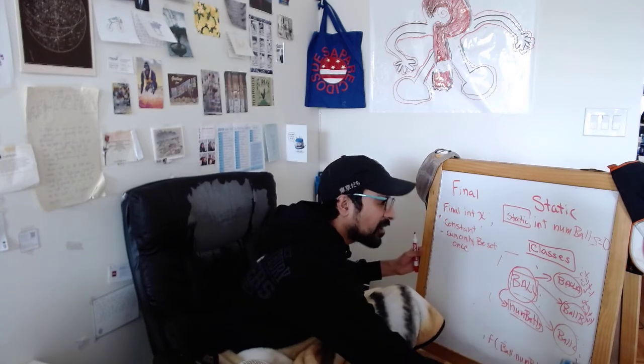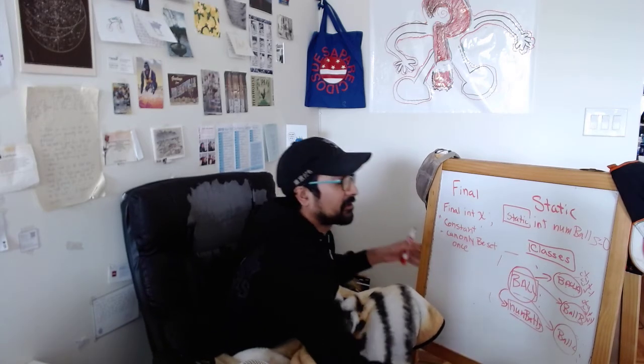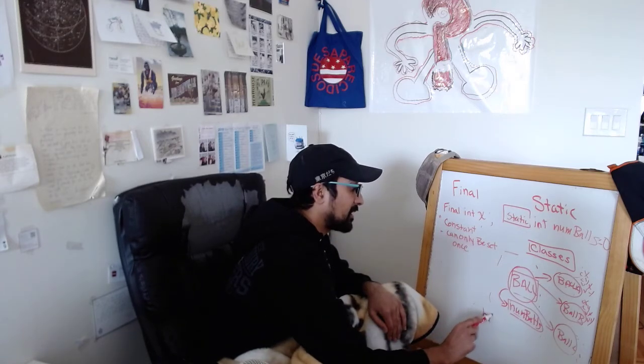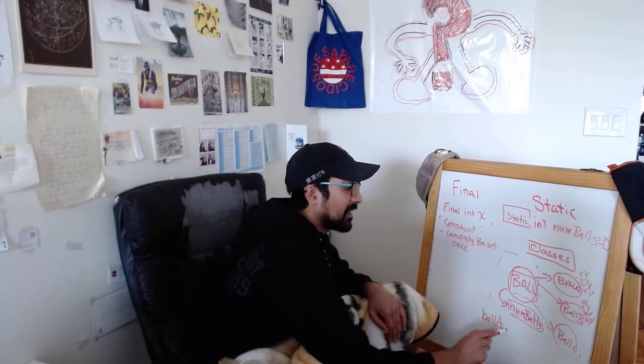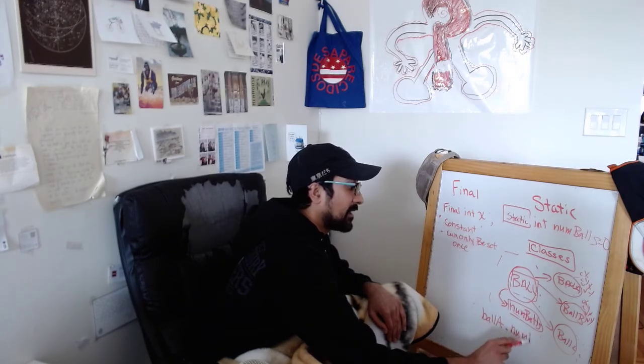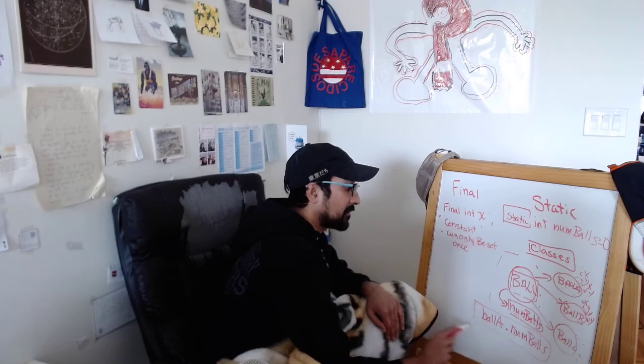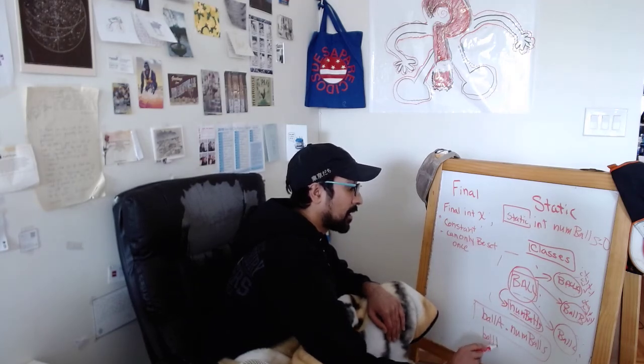You can also get to the static variable numBalls through ballA, ballB, and ballC. So we have ballA, right? You could say ballA.numBalls, and that counts too. All right, and ballA's numBalls is the same thing as ballB's numBalls.